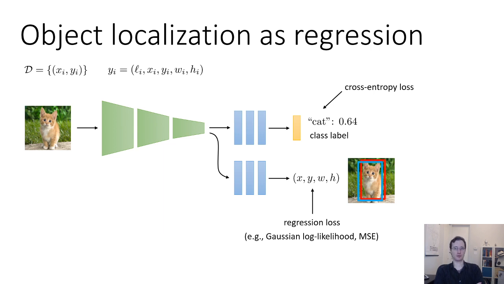There's also a little bit of a difference between different methods as to whether both of these heads, so these little fully connected layers are called heads, are trained together with the convolutional layers. Another commonly used setup is one where the classifier is trained just like in the previous lecture, then this new regression head is just trained on top of the convolutional layers of that classifier without actually changing those convolutional layers.